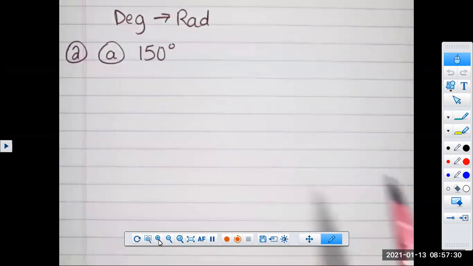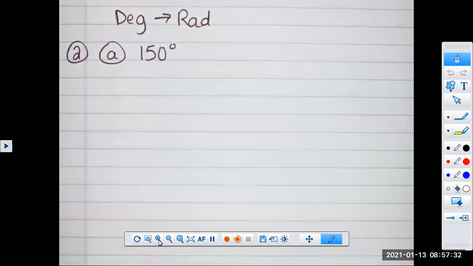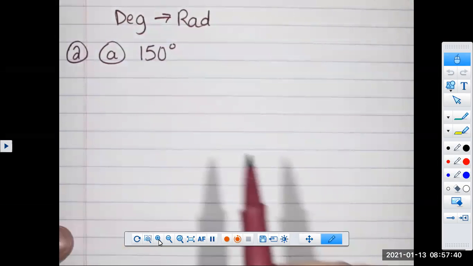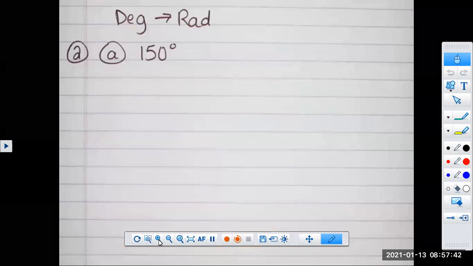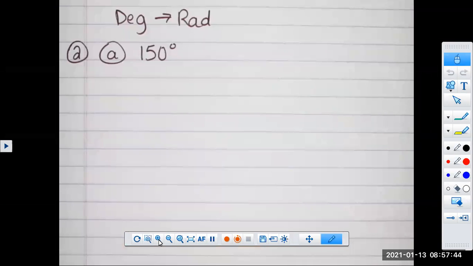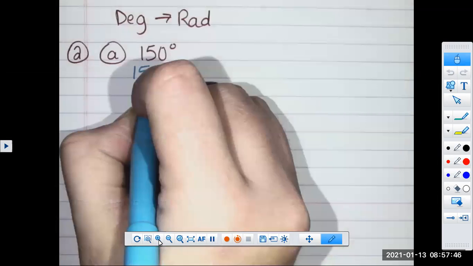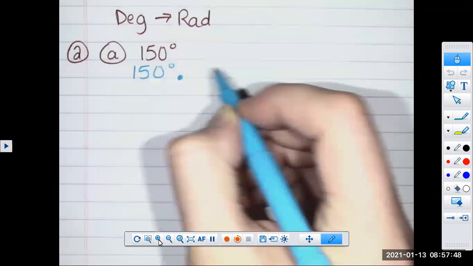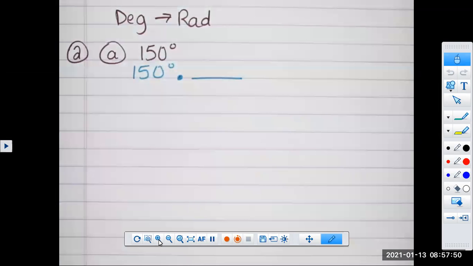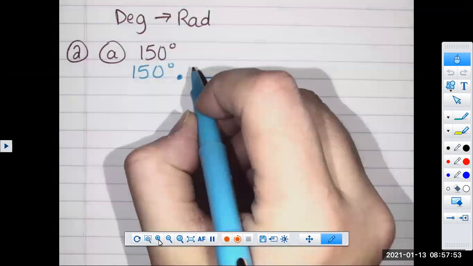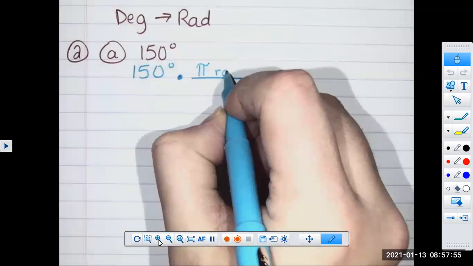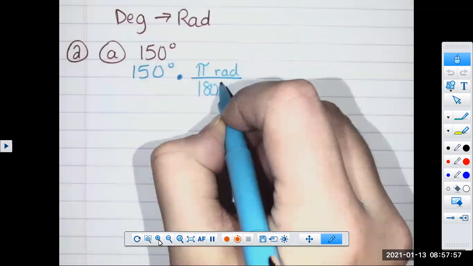So I'm going to show you both ways. I'm going to show you how to leave pi in your answer, and how to convert it to a decimal. So we're going from degrees to radians. You need to multiply 150 by what? What's your conversion factor? Good. Pi radians over 180 degrees.